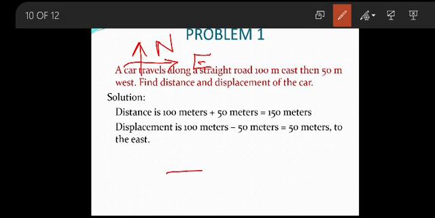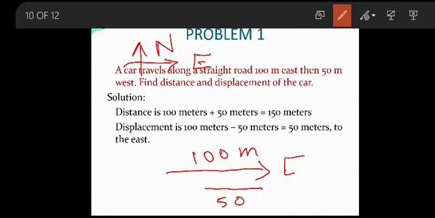First the car travels 100 meter east and then it comes back again 50 meter west. This is my west. So it is returning back in the same pathway 50 meter. So what is the distance and the displacement?